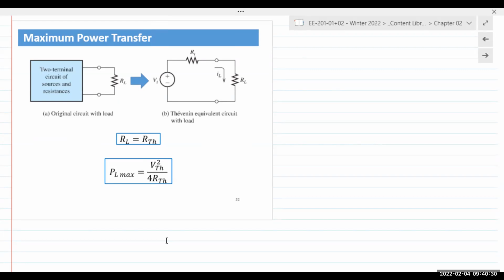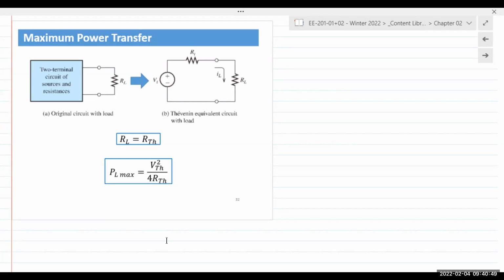That's one important application of Thevenin and Norton networks, which allow us to find the Thevenin resistance of a source.